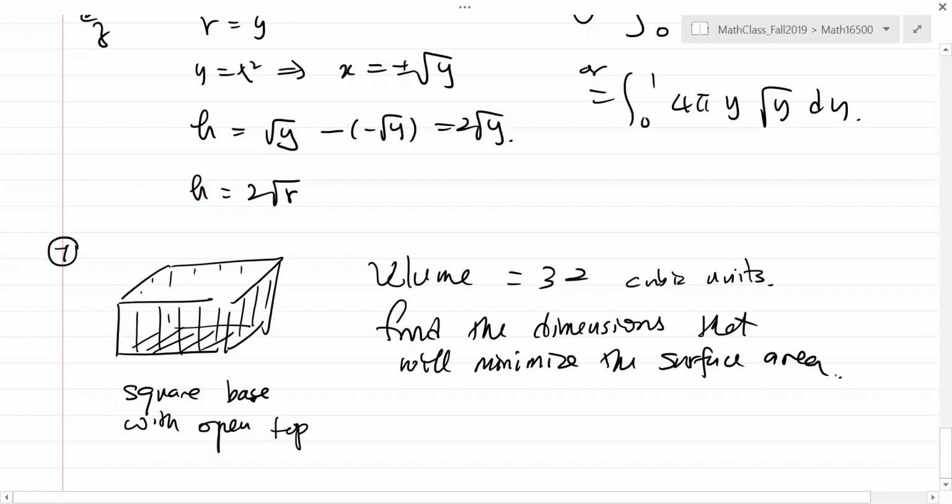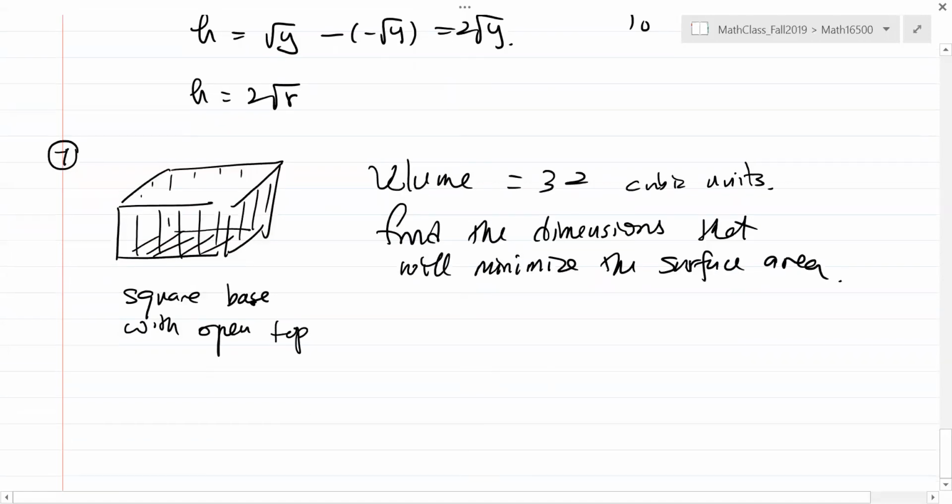Okay. So dimension, what is different, right? The base is a square. So you can use X and Y, or you can use A and H. Okay. So if you can tell me A and H, that's enough.